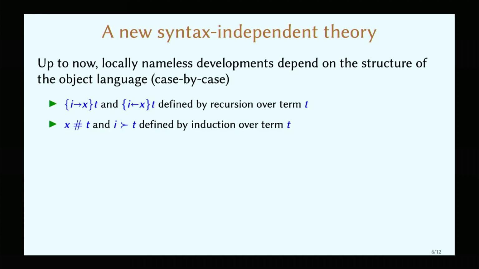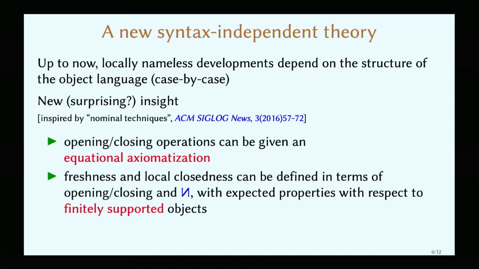So the cool thing is, and it came as quite a surprise to me, I didn't expect this to be true, that you can actually give an equational axiomatization of opening and closing. So there are some equational properties that opening and closing operations always have in the concrete setting of locally nameless syntax.